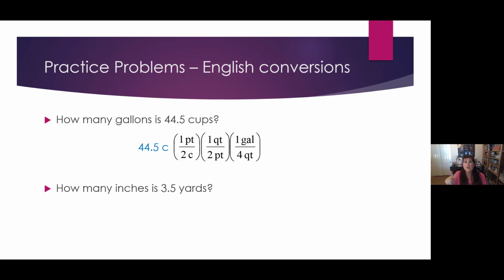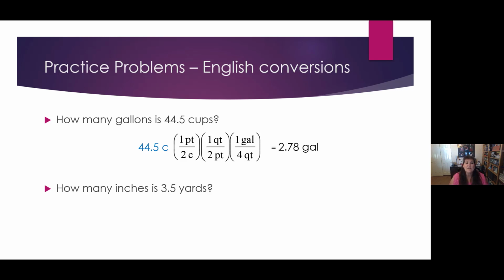The conversion factors are all exact, so they don't count. So I need to have 3 sig figs. So my 2.78125 is just 2.78 gallons. Good job. There's our first English conversion problem. Very good. All right, moving on.